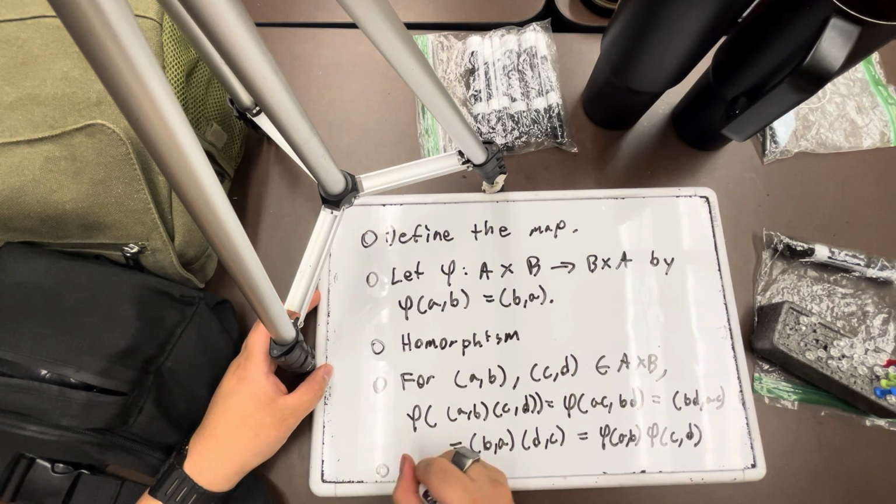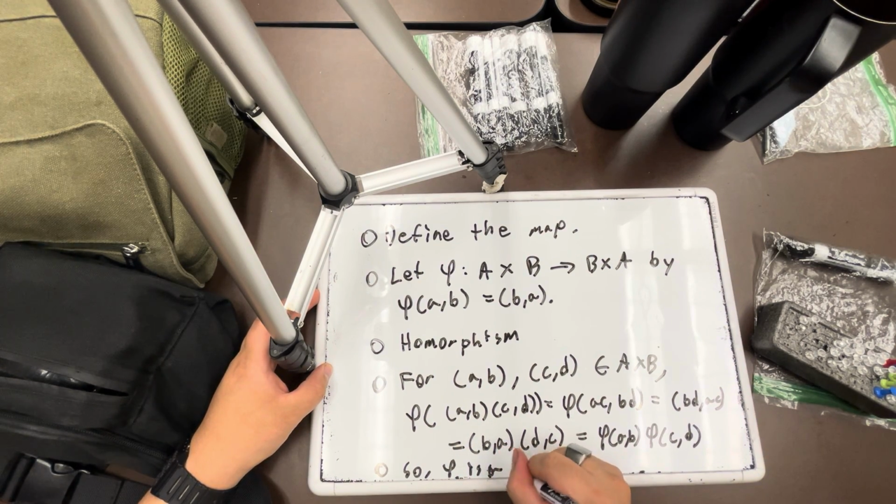So that holds. So phi is a homomorphism.